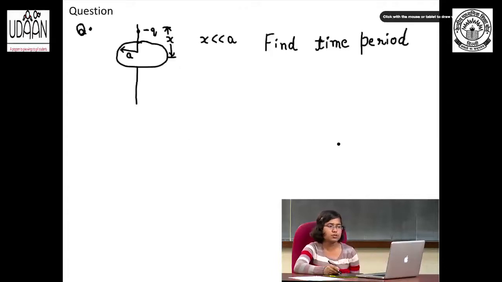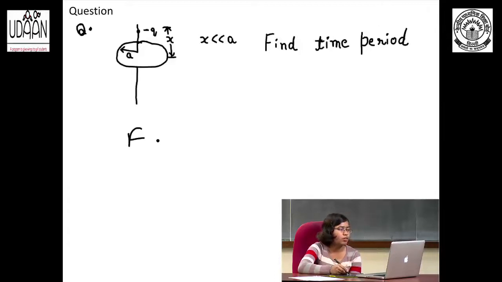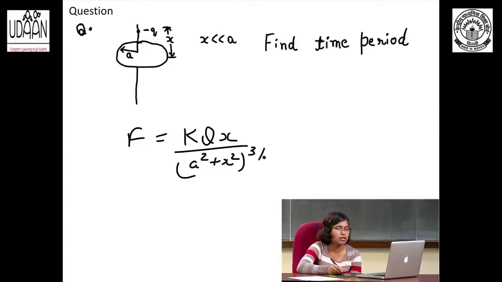Now let us do this question where we have to find the time period. First of all, let us find out which type of motion it is. The force can be written as kqx upon (a square plus x square) whole to the power 3 by 2, as we have seen earlier.